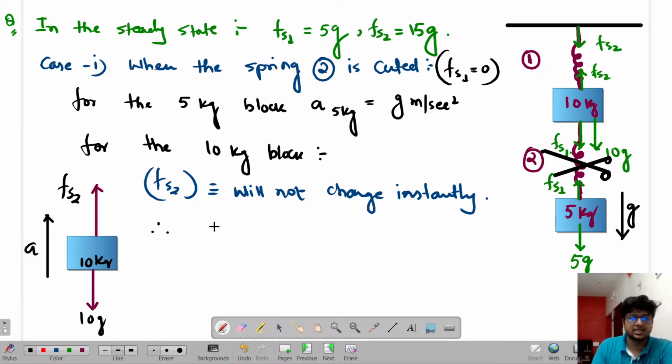So this implies that acceleration of the second block, or the 10 kg block, will be pulling force minus opposing force, which is its weight, divided by the mass of the body, which is 10 kg. So how much is this? Simple.